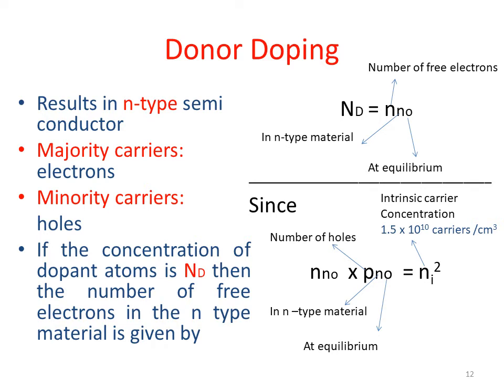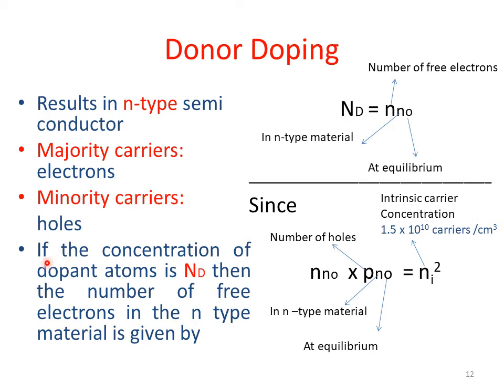I am saying that before the addition of the pentavalent, the number of electrons and holes in the material was equal. Now after the addition of the pentavalent element, the number of electrons has increased. Therefore, I can say that the majority carriers in the n-type material are electrons, while minority carriers in the n-type material are holes. N-type material will not only contain free electrons but a smaller number of holes as well, and they are called as minority carriers.